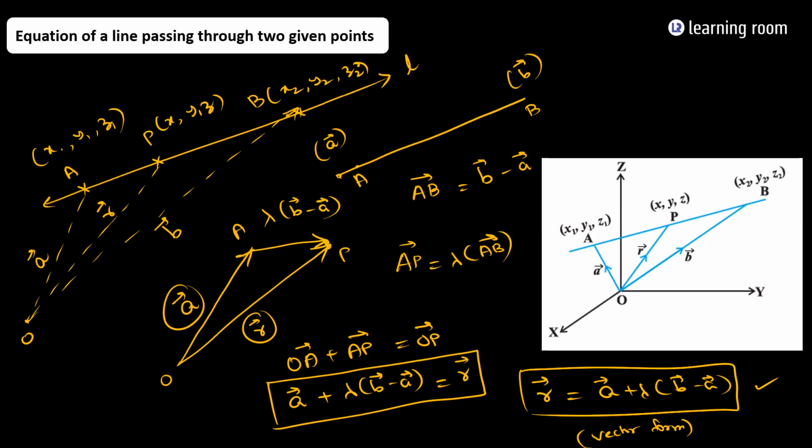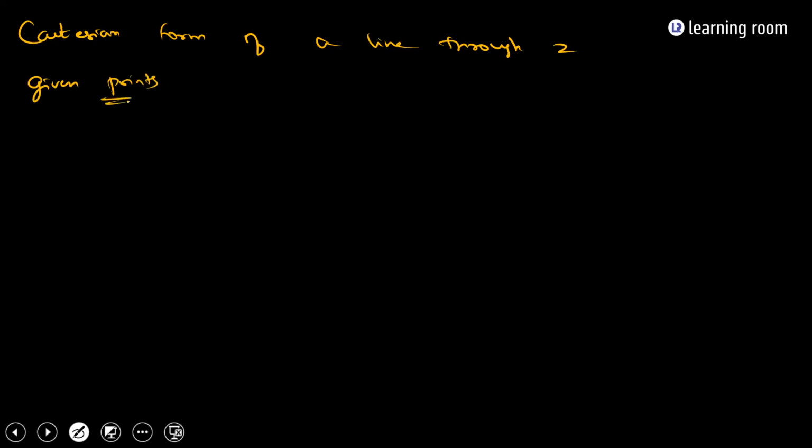So we have seen that the vector form is R vector is equal to A vector plus lambda times B vector minus A vector. Extending the same concept to Cartesian form, let's see how to write the Cartesian form of the line given two points.